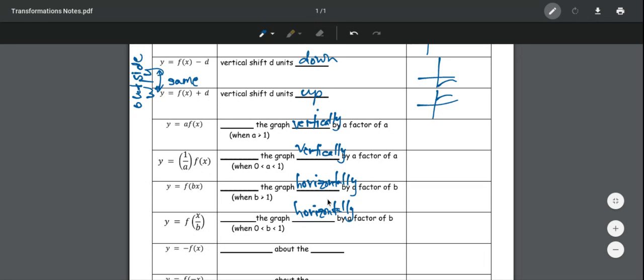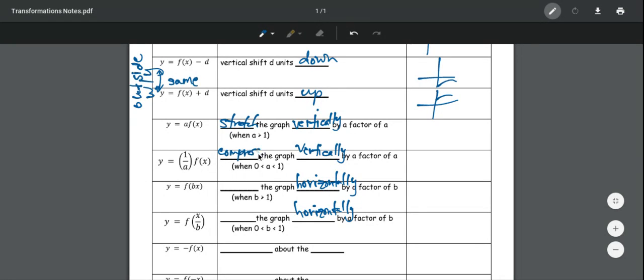Now, the thing about these is that they are so similar that it's really weird, okay? When you multiply a number a times f of x, when you're talking about this number out front, and a is greater than 1, this is a stretch vertically, okay? And if this is a stretch, then this would be considered a compression.